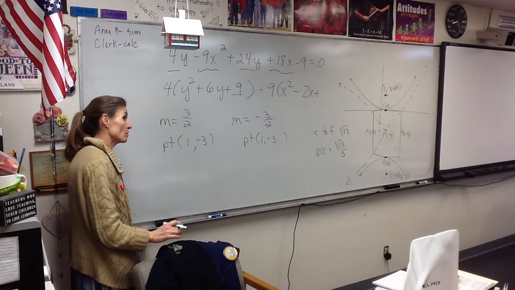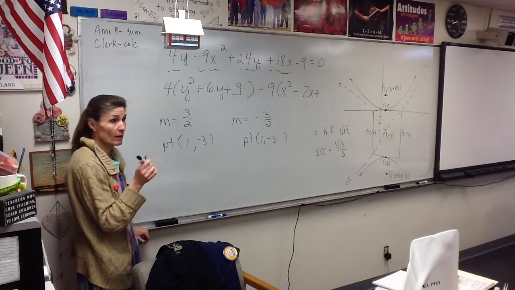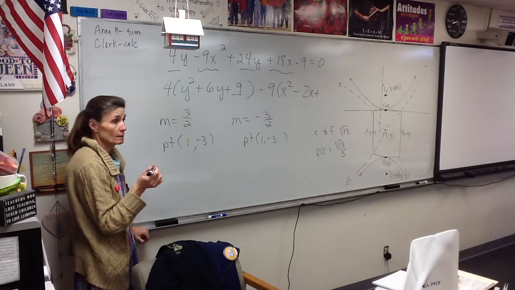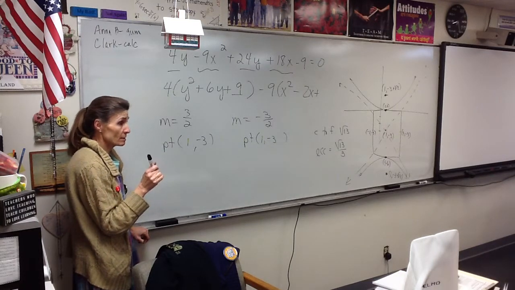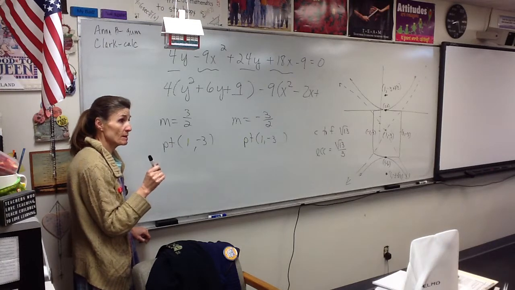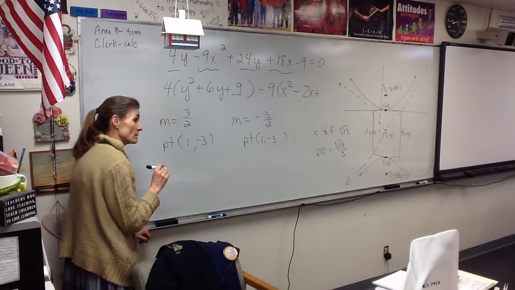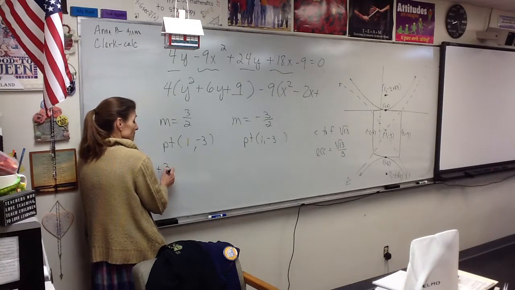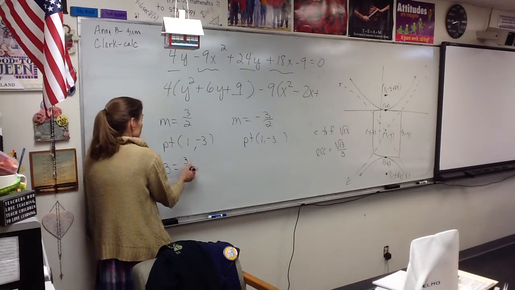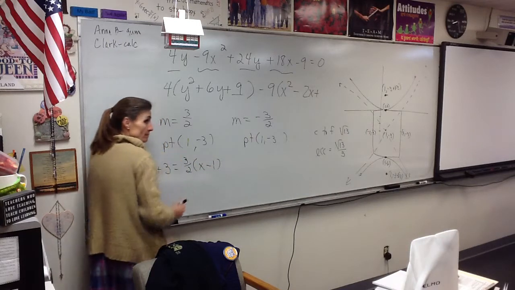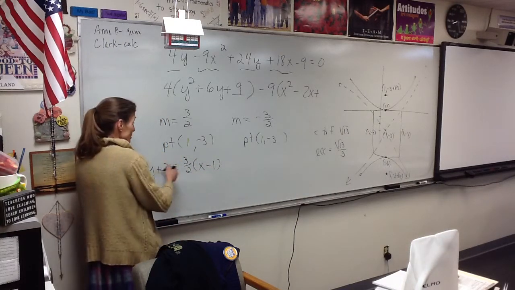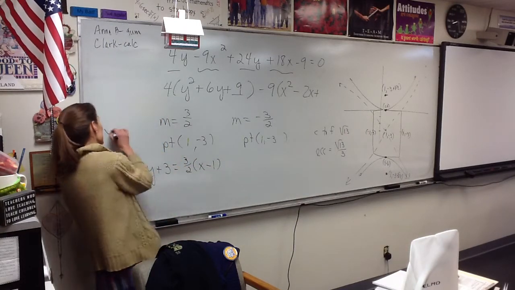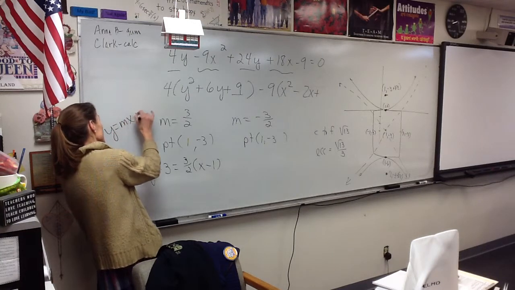Now you're going to write the equation of these lines, and you're going to do it however you're comfortable. If you like slope-intercept, you'll use y equals mx plus b. I happen to be a point sloper, so I will do y plus 3 equals 3/2 times (x minus 1). That's the point slope form of a line. If you don't like that, you do y equals mx plus b.